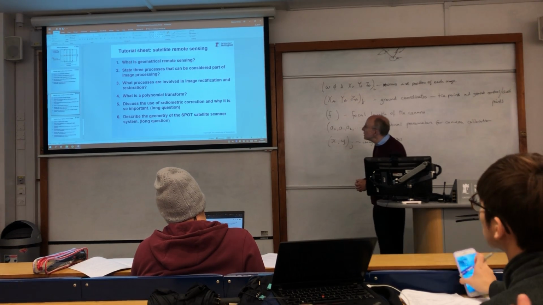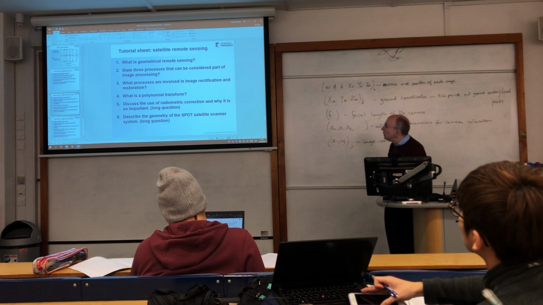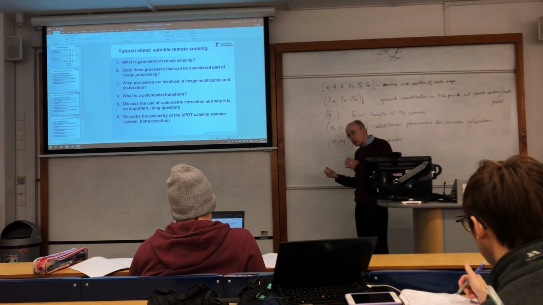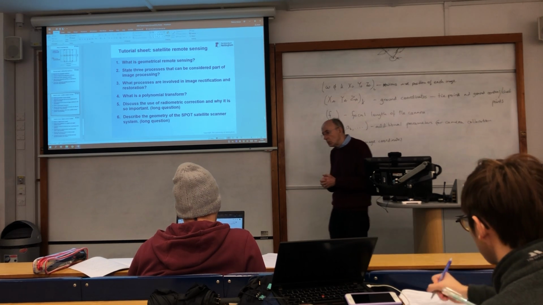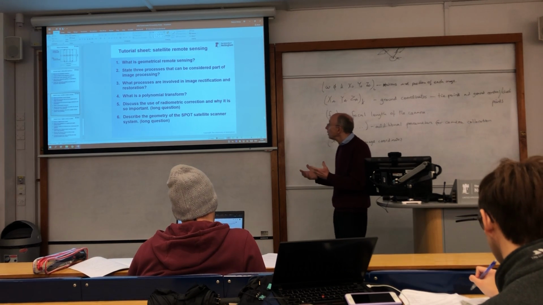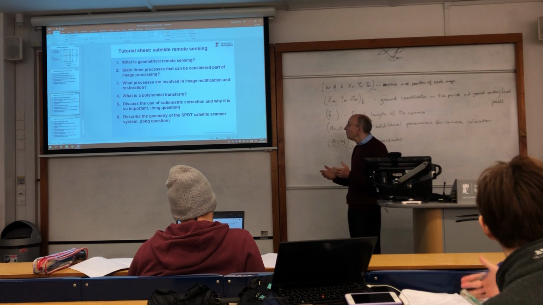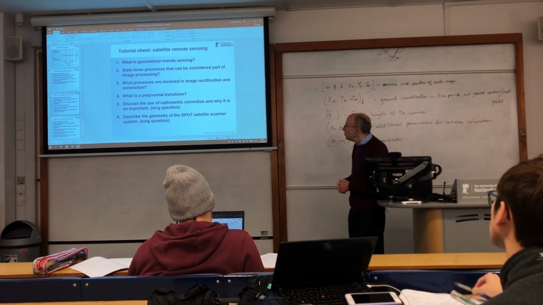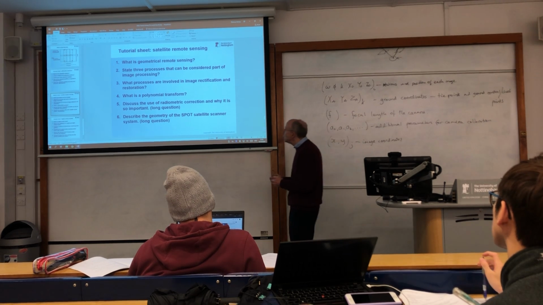Discuss the use of radiometric correction and why it is so important. This question is probably not quite so relevant now. We used to do a bit more on remote sensing, where we used to do a bit more on image processing and manipulation of the image.